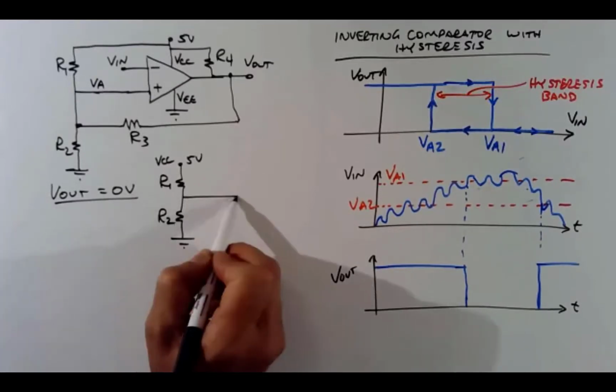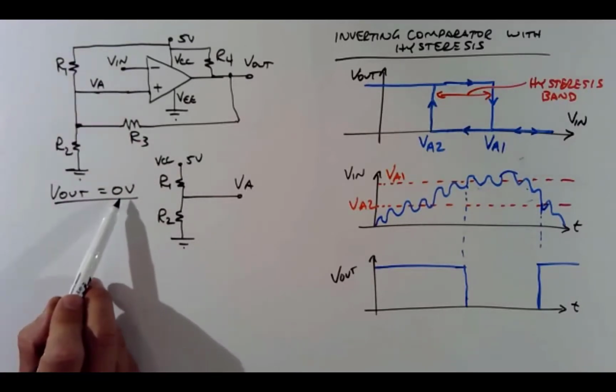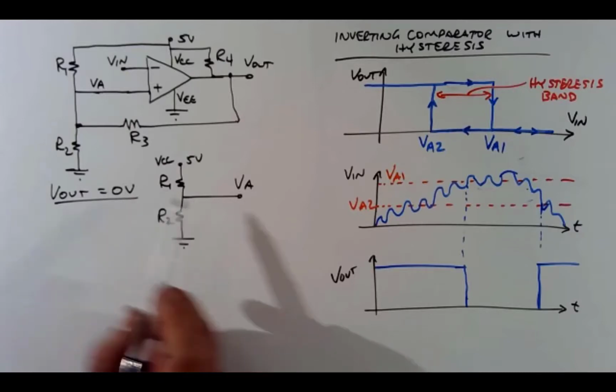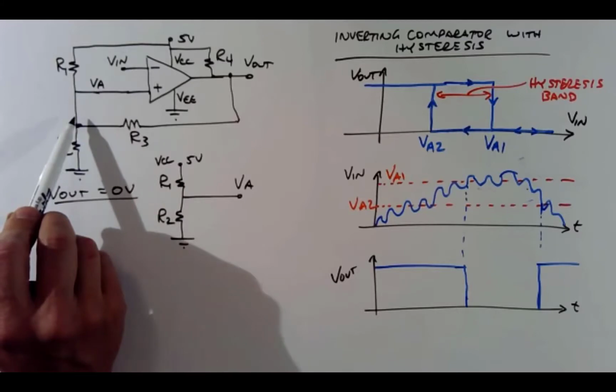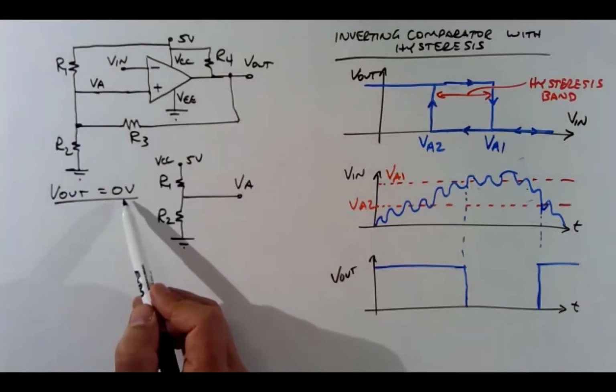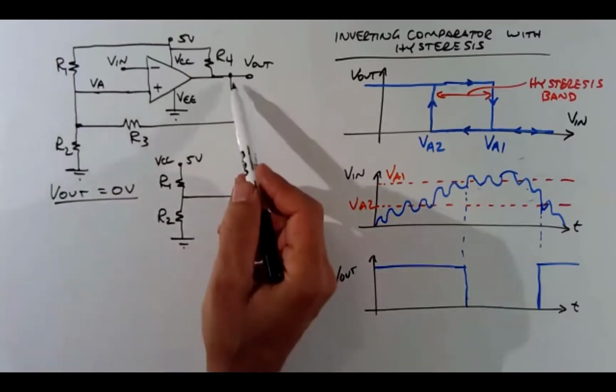And here's my node that corresponds to VA, right? So this is this part of the circuit right here. Now, when the output is low, 0 volts, R3 connects between the VA node and the output node, which is 0 volts. So R3 connects between VA and 0 volts.